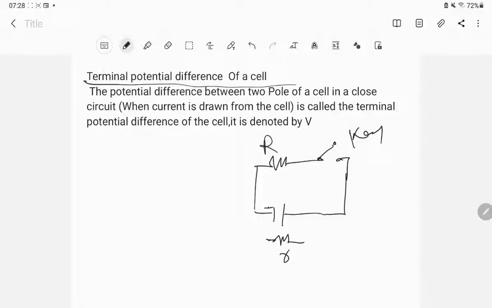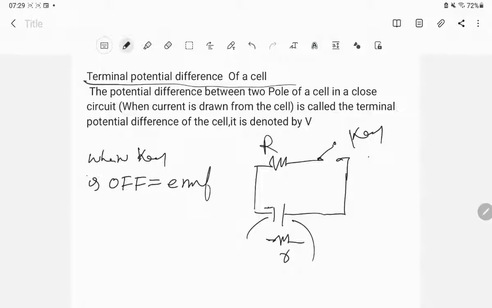So when the key is not closed, that means it is switched off, then the potential difference between the poles of the cell is called what? Electromotive force, EMF.